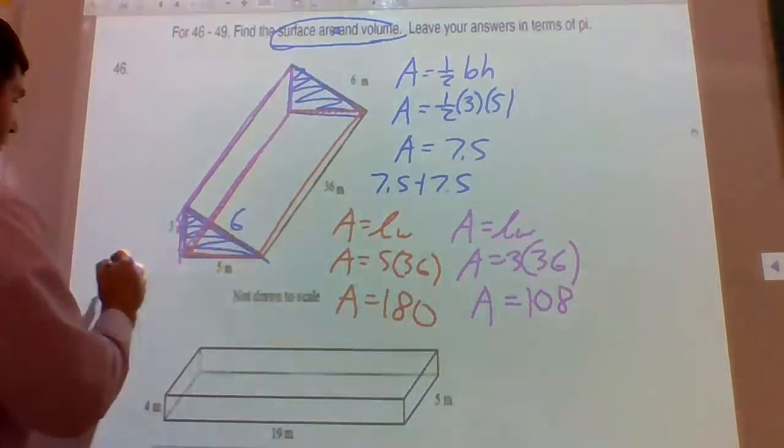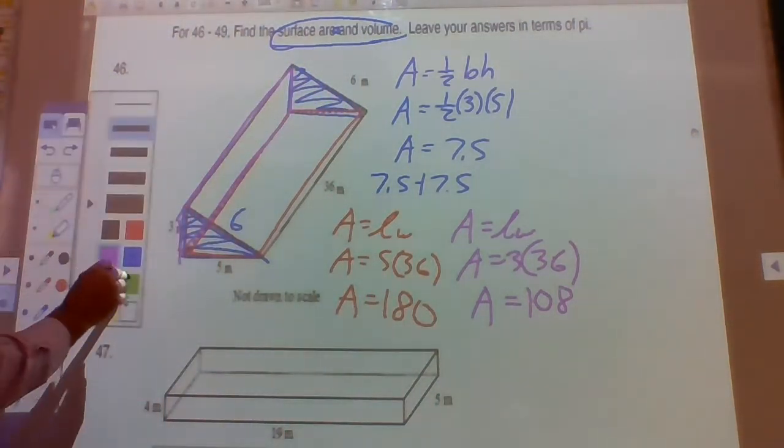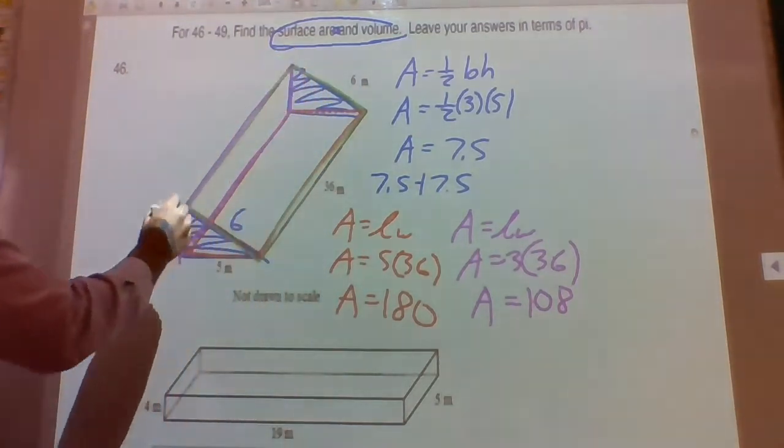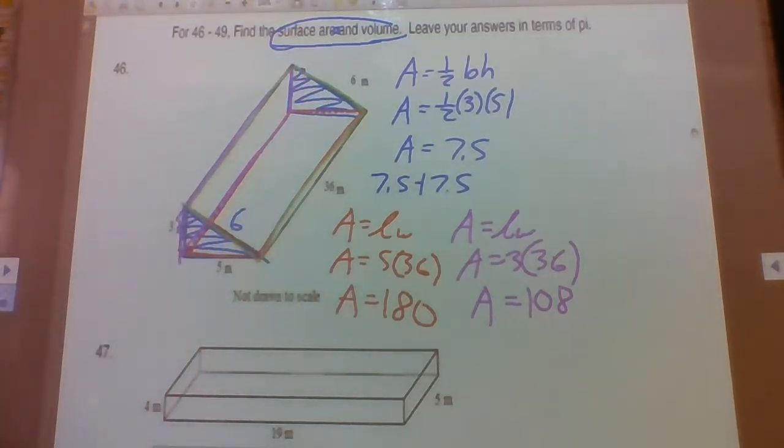Okay, and then we have the rectangle on top, which is 36 by 6. Again, it shouldn't be 36 by 6. It should be 36 by the square root of 5 squared plus 3 squared. So it should be 5.83, but whatever.